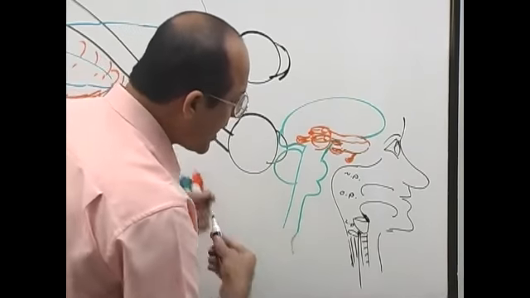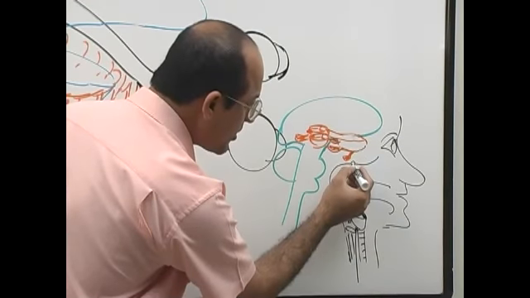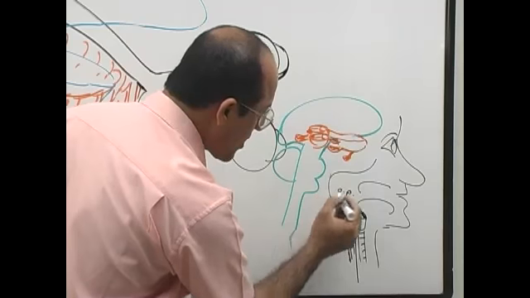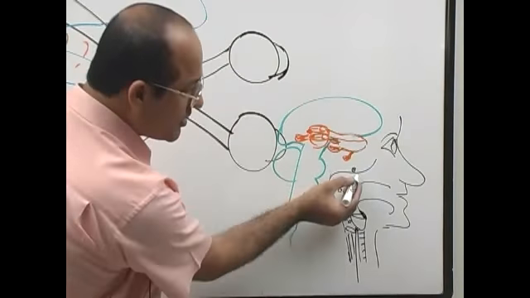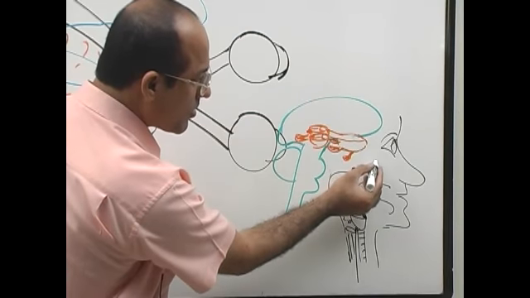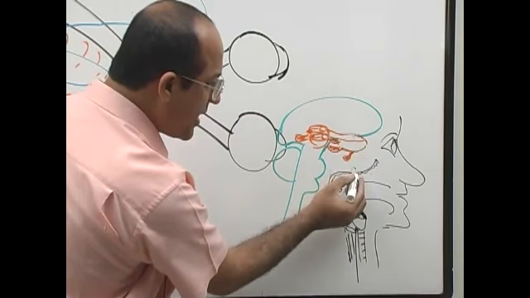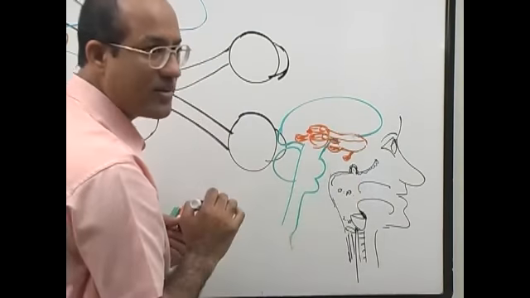And from this corner, what is this? Nasopharynx, a pouch forms. This is the epithelium of nasopharynx. This epithelium makes an invagination. This invagination starts going upward.